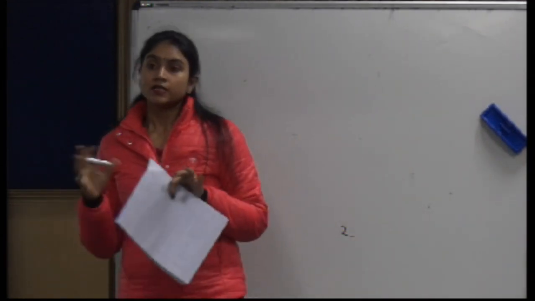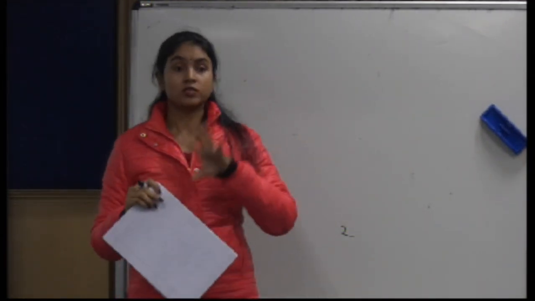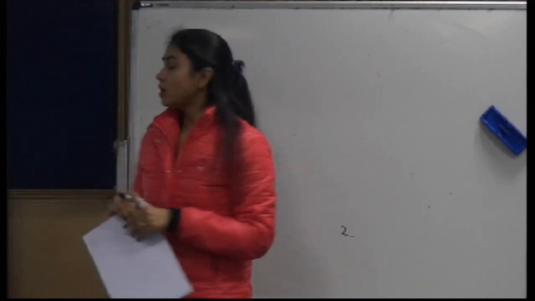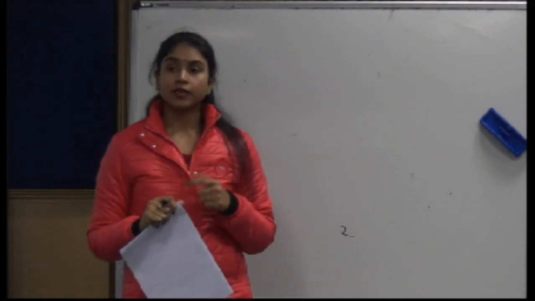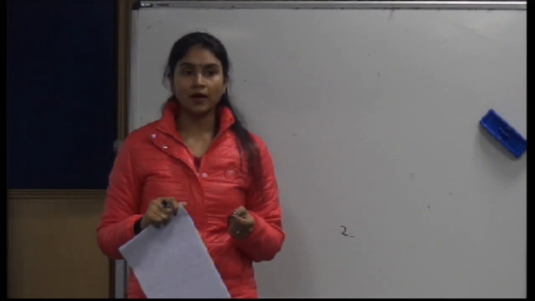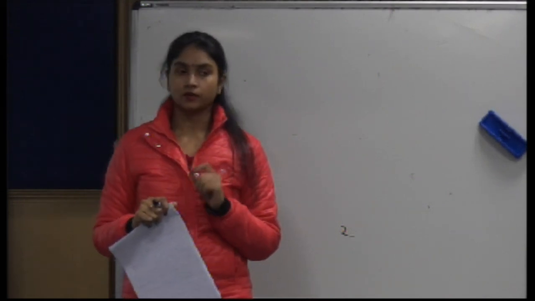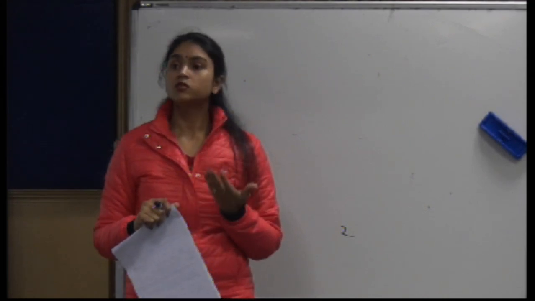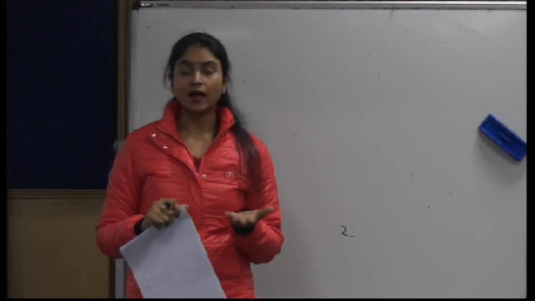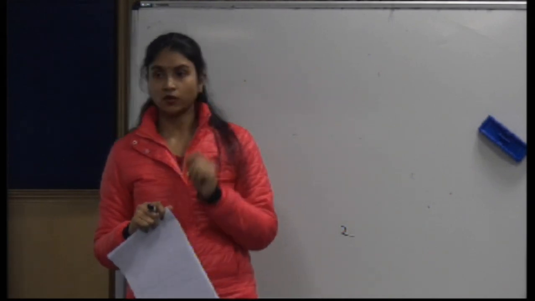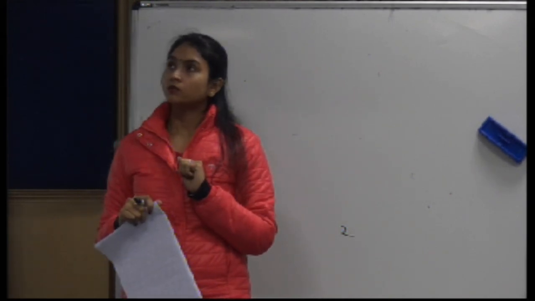So that you can categorize under general equilibria. There are certain equilibria in which the substance dissociates to give you ions. For example, sodium chloride, which is your common salt, dissociates to give you sodium ions and chloride ions. HCl, which is a strong acid, dissociates to give you H plus and Cl minus. Let's take one more example.